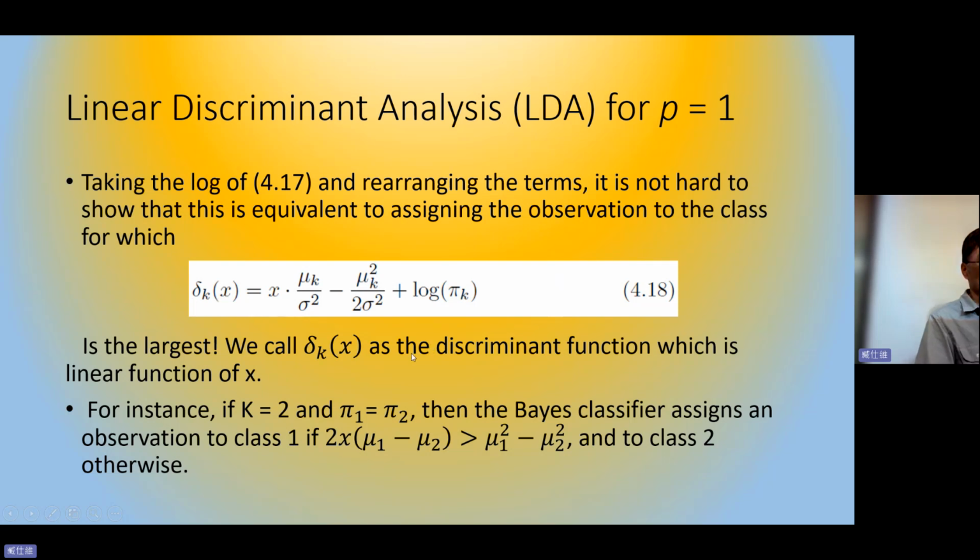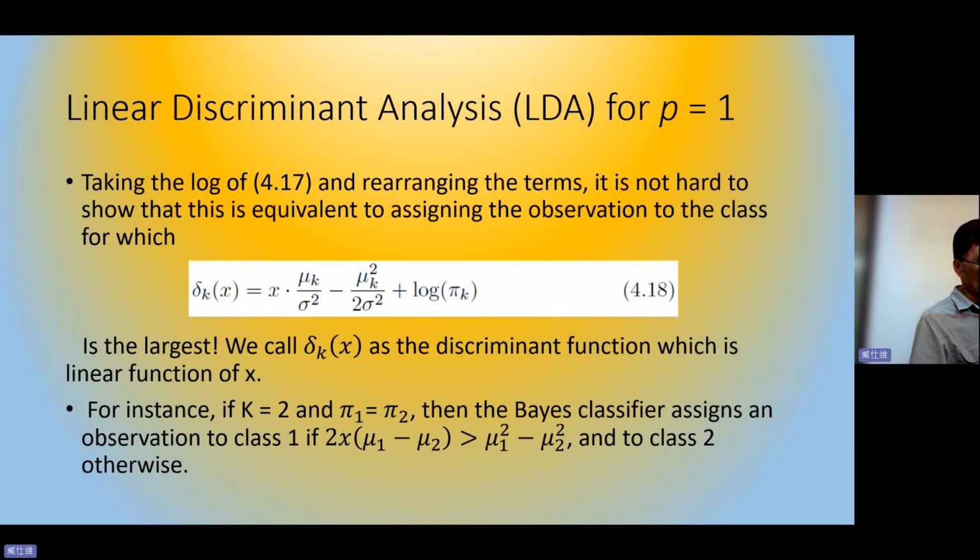Maybe this is not so interesting in terms of the mathematical transformation, but anyway, what we are doing here is to find the optimal value to determine the classifier or the boundary for classification.